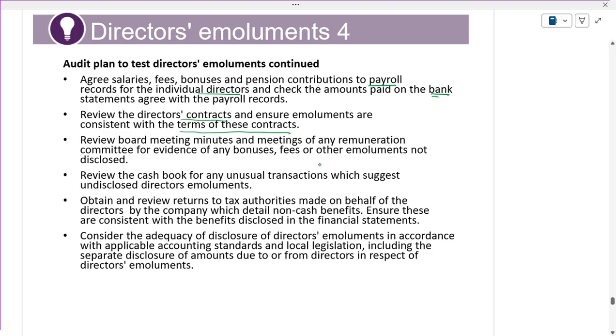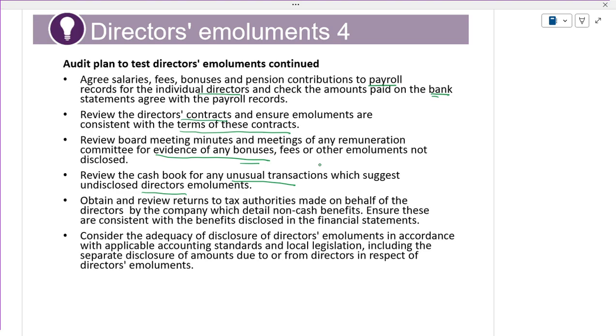Review board meeting minutes for evidence of approval of any remuneration, such as extra bonuses or additional amounts, by the board of directors. Review the cash book for any unusual transactions, anything paid not on a regular basis but in between the year.